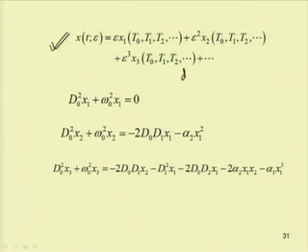So, d square x by dt square plus alpha 1 x plus alpha 2 x square plus alpha 3 x cube equal to 0.